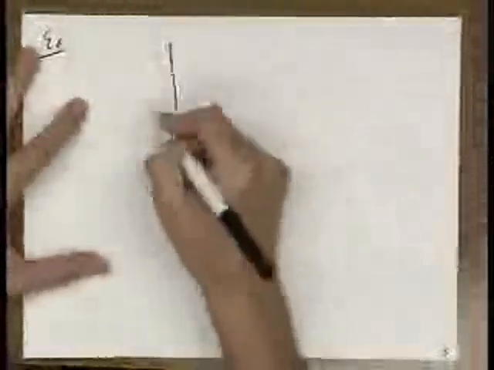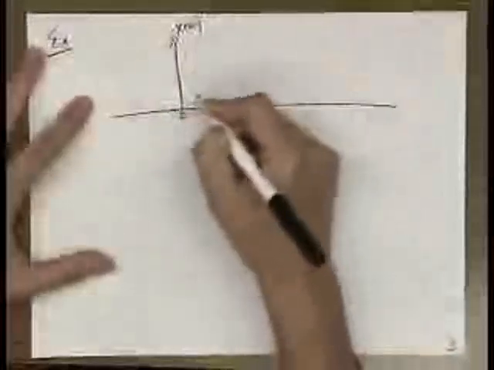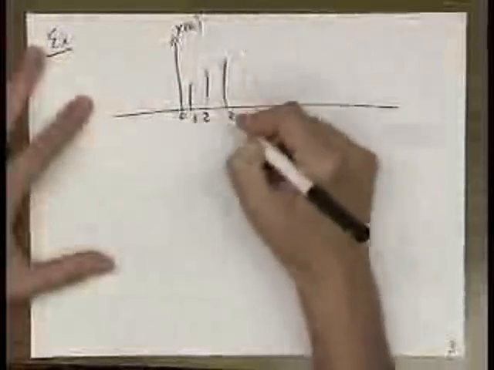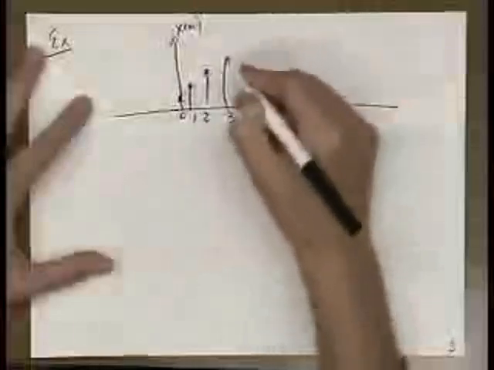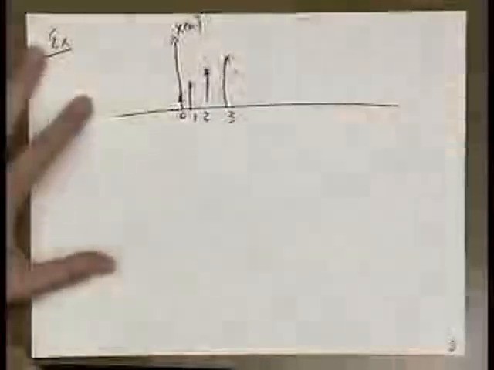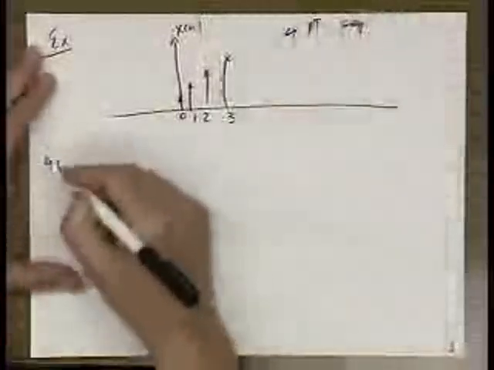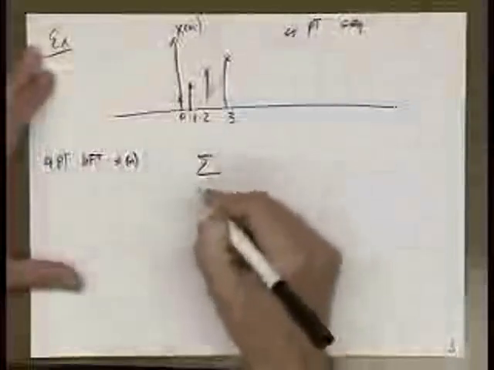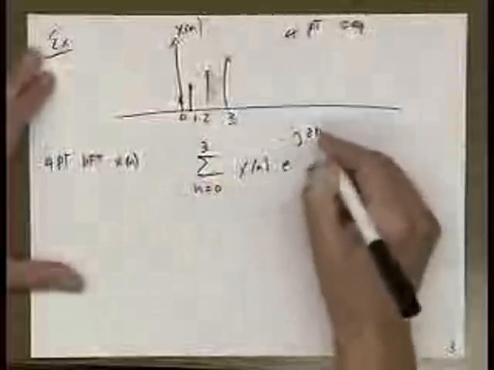So as an example, suppose I have a sequence x of n that has the following values at these indices. Okay, so it's really a 4-point sequence. Okay, and I can take a 4-point DFT of x of n, and that would be summation from n equals 0 to 3 of x of n e to the minus j 2 pi n k over 4.